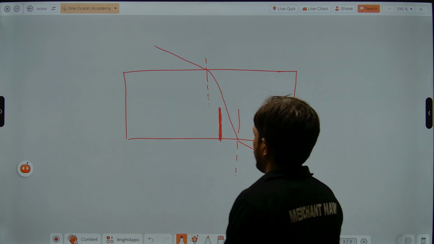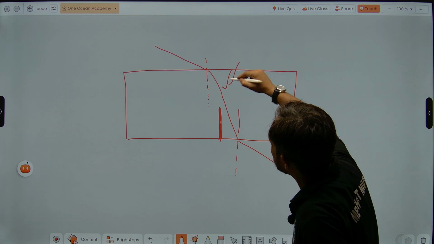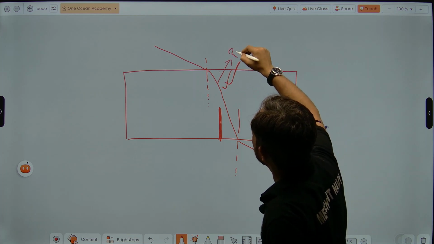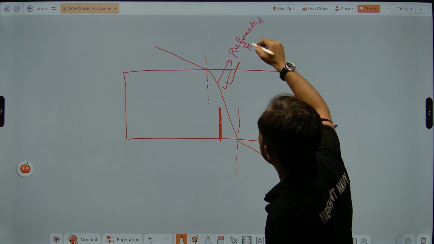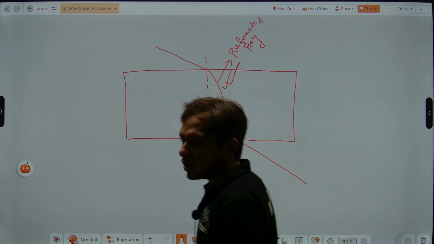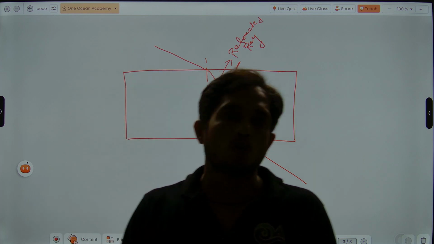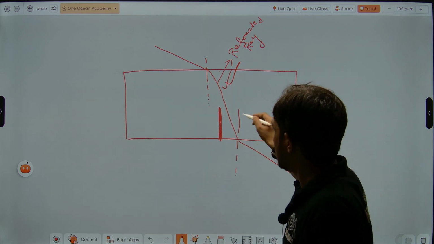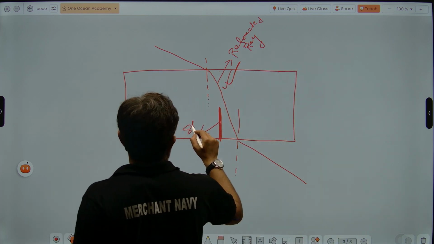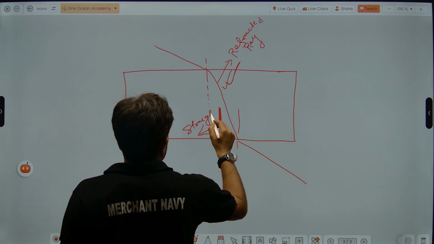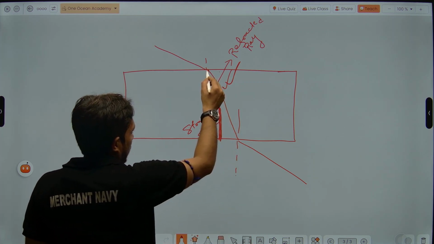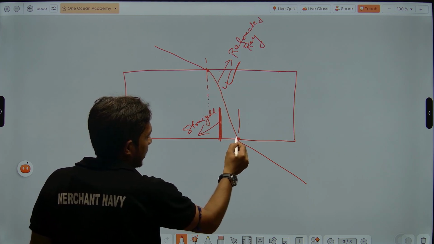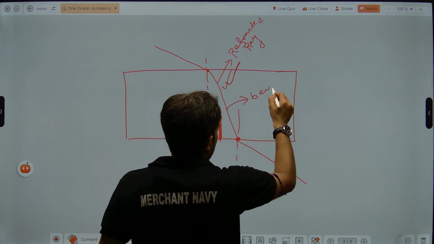But due to this refracted ray, we are not able to see this pencil as straight. Why? Because this refracted ray is appearing like a bend.